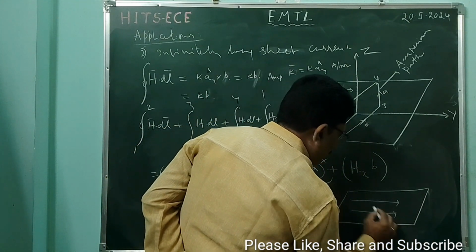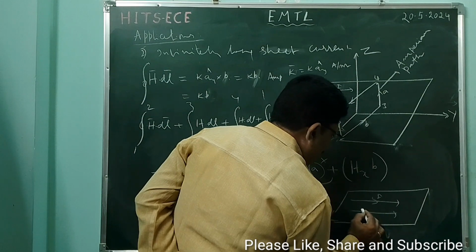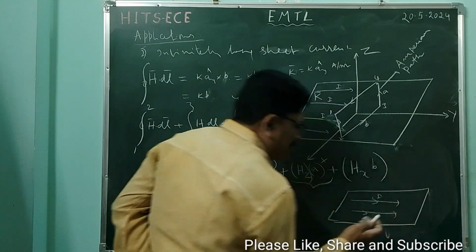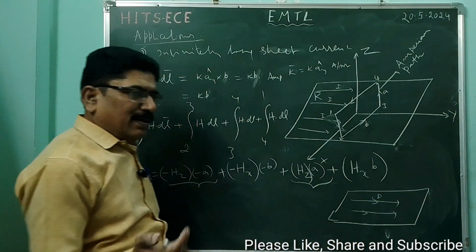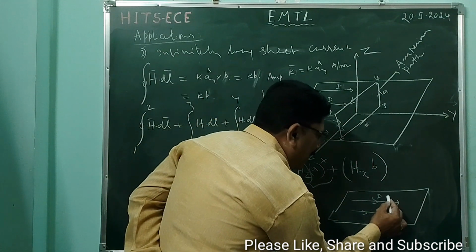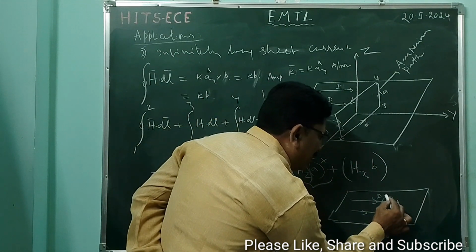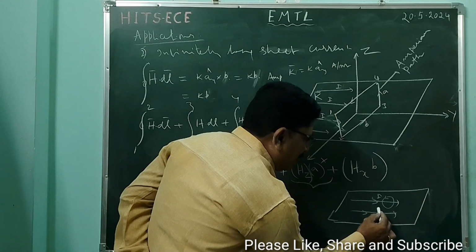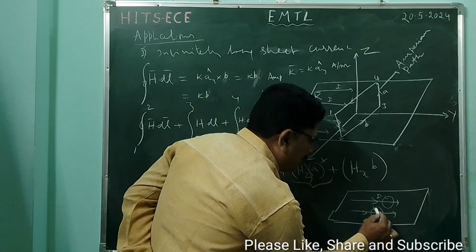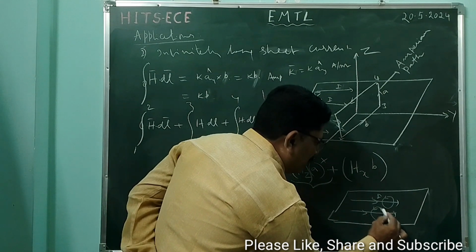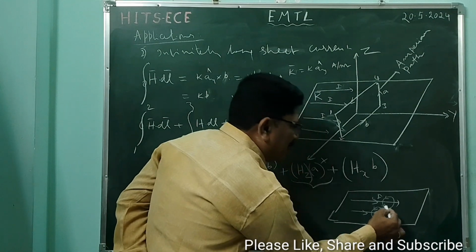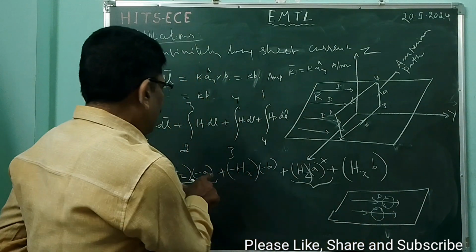Let us consider two components, I and I. So by right hand thumb rule, the magnetic field direction will be like this. So it is moving up, it is moving down.